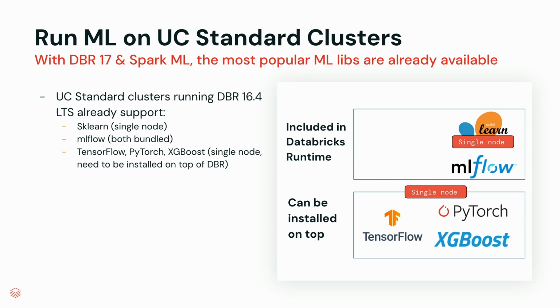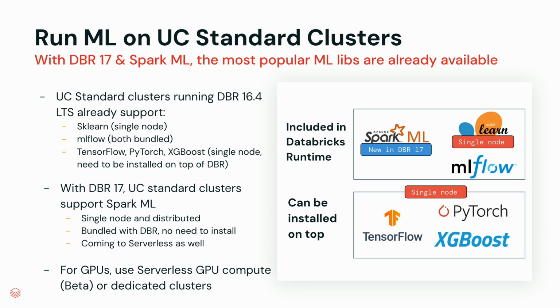Included out of the box with Databricks runtime, you can use scikit-learn, and you can use MLflow for your MLOps and tracking experiments. And on top of what is provided in Databricks runtime, you can install PyTorch, XGBoost, and TensorFlow. All of this will run in single node mode, meaning that it will run on the driver only. It will not be distributed to the executors.